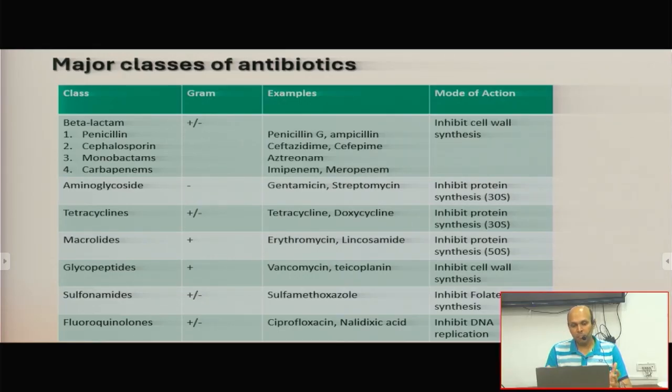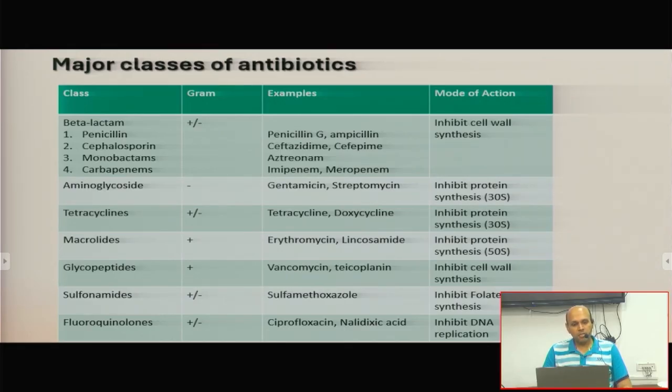Penicillin G, ampicillin, piperacillin, and so on. In cephalosporins also you will have several generations. As I told you, as the generation increases, the antibiotic becomes stronger, basically. In monobactams you have aztreonam, and in carbapenems you have got imipenem, meropenem, and the mode of action of this is to inhibit the cell wall synthesis.